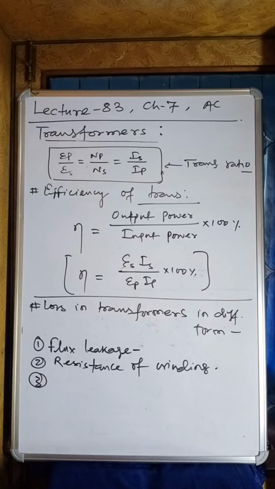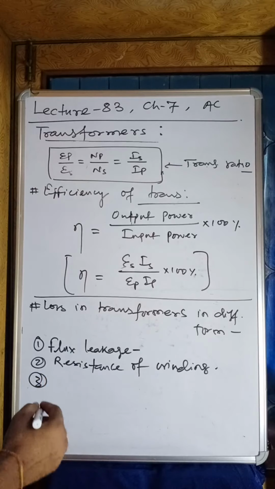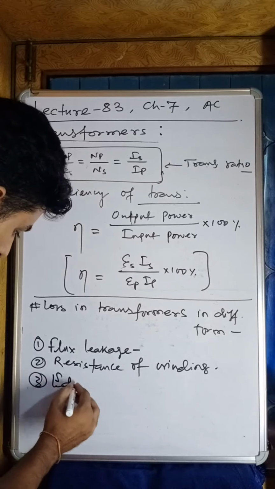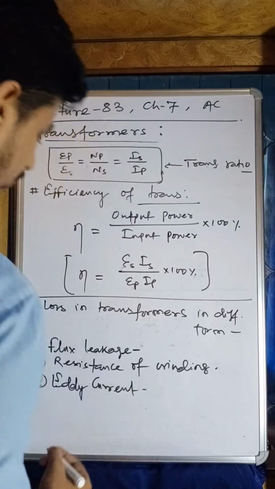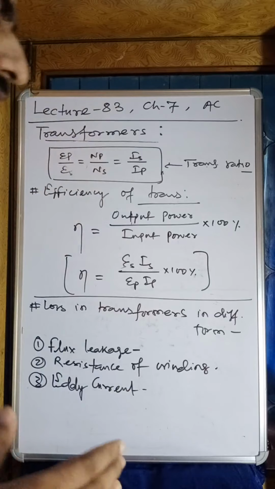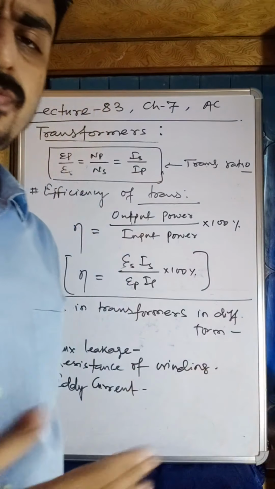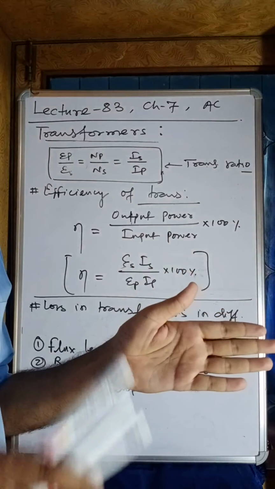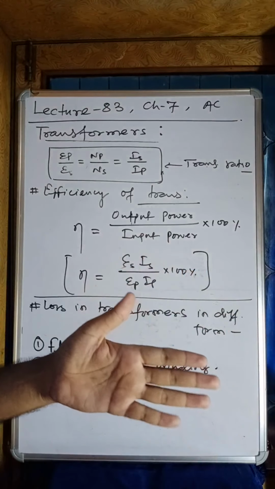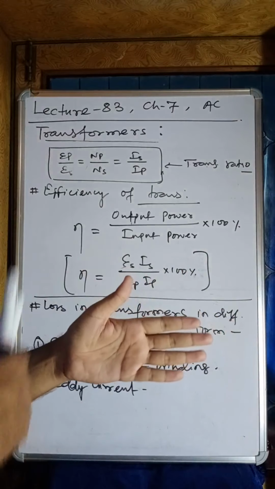Now the third one is the eddy current. Remember, eddy current. I hope you remember, my dear students, whenever any metallic plate moves inside a uniform magnetic field, or the plate is kept and the magnetic field is oscillating, in both cases there will be eddy current, that is, a whirlpool current produced.